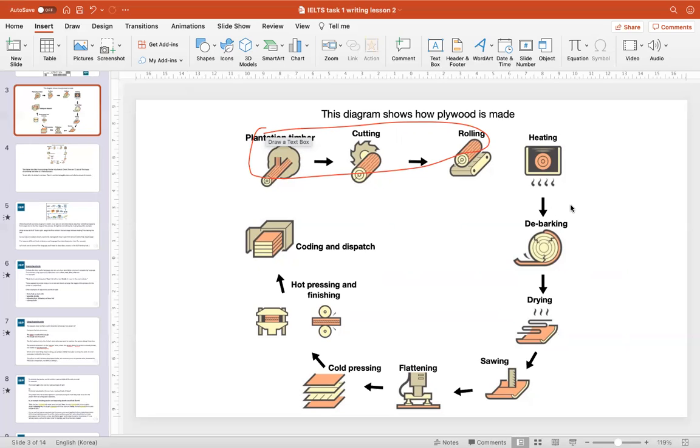Heating, debarking, drying, sawing. Maybe heating and debarking in one group, and after drying, sawing and cladding in a second group. Yeah. Cold process, hot process, and coating. So coating will be the last group.